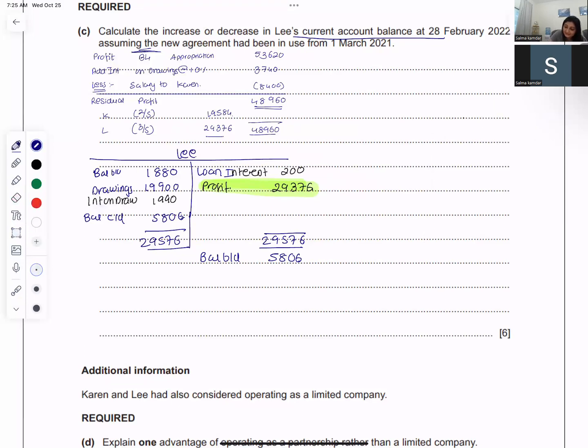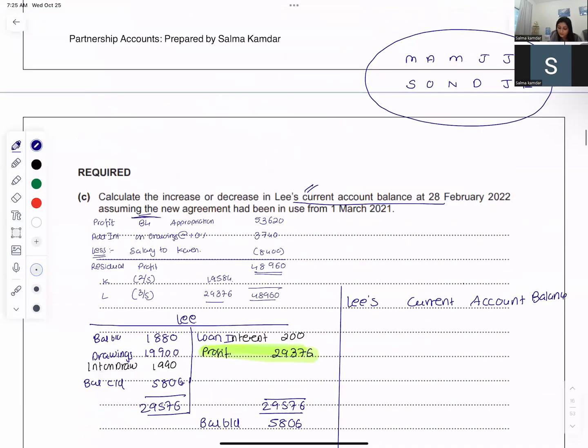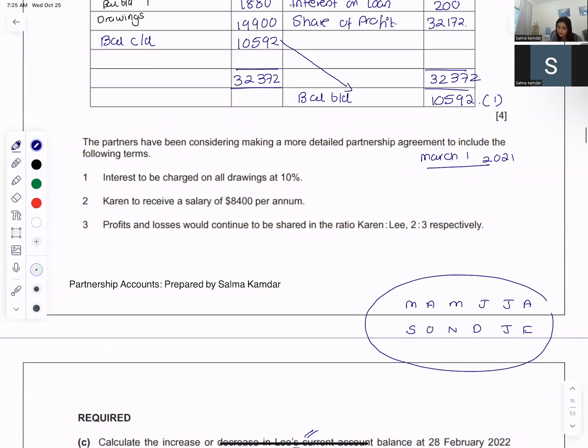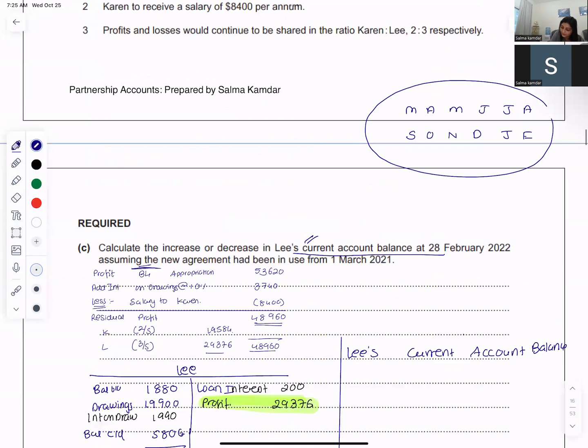Calculate the increase or decrease in Lee's current account balance. So what was Lee's current account balance before the changes? Lee's current account balance before these changes was 10,592.